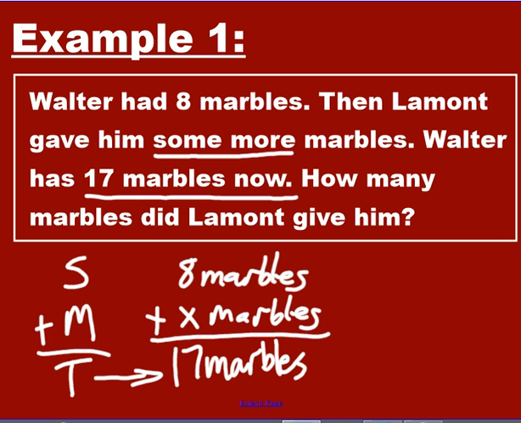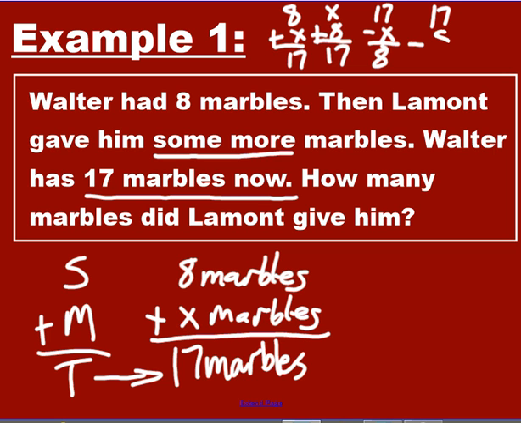So how do I solve for x? I can write my fact families. 8 plus x equals 17. X plus 8 equals 17. 17 minus x equals 8. And 17 minus 8 equals x. And the only one that I can solve is 17 minus 8.